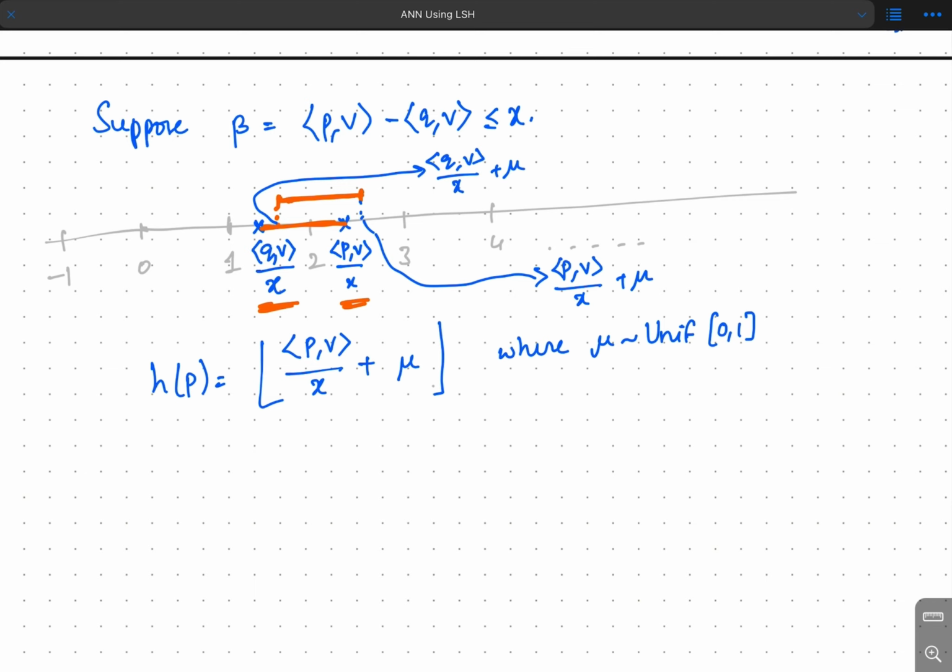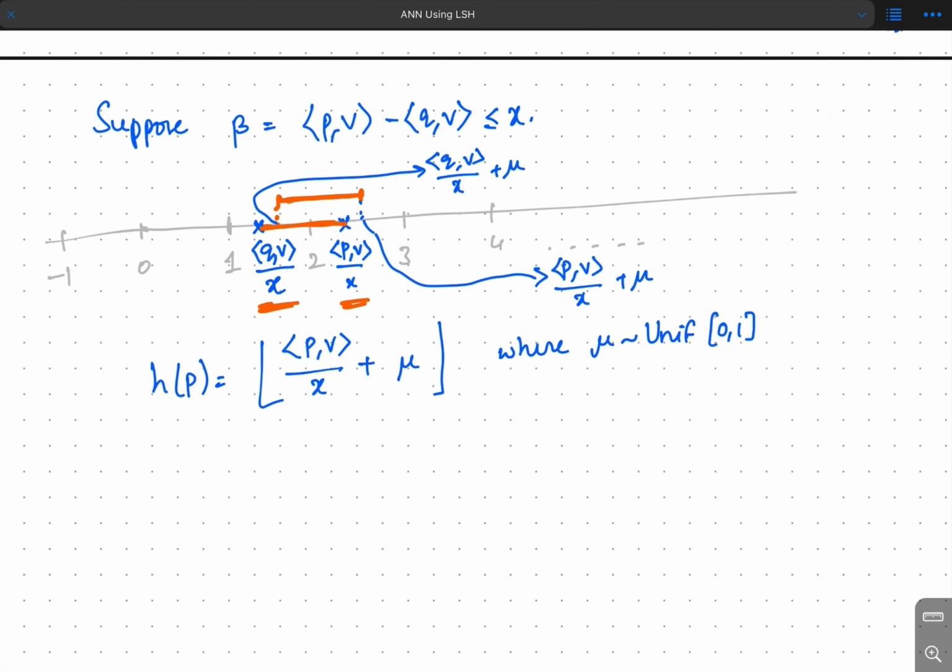Now what's the guarantee that these two points will lie in an interval of the form a comma a plus 1, where a is an integer? That's when these hash values match, right?